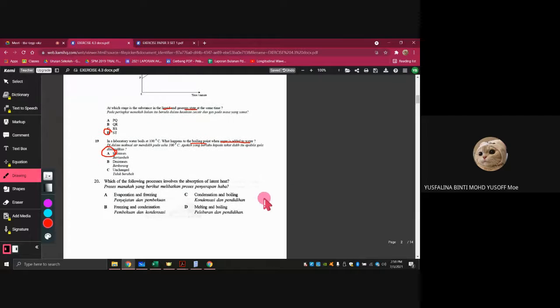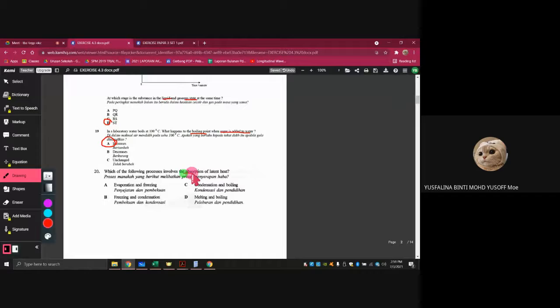This one involves the absorption of latent heat, meaning the heat is absorbed. So it must be melting and also boiling. Condensation is from gas to liquid, so the heat will be released to form a bond.